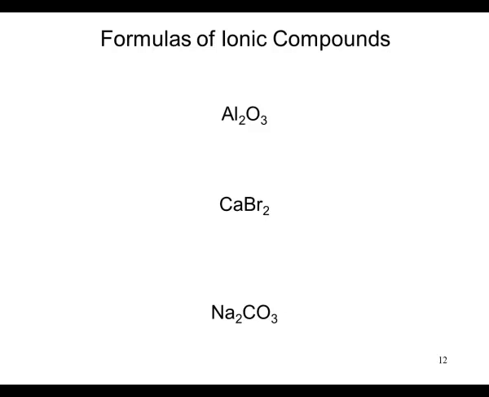Let's take a look at some ionic compounds and figure out how one achieves the ratio between the two atoms. For aluminum oxide, we know that aluminum has a 3+ charge, and oxygen forms the oxide 2-. To balance out, we need 2 aluminums for 3 oxygens to get 0.